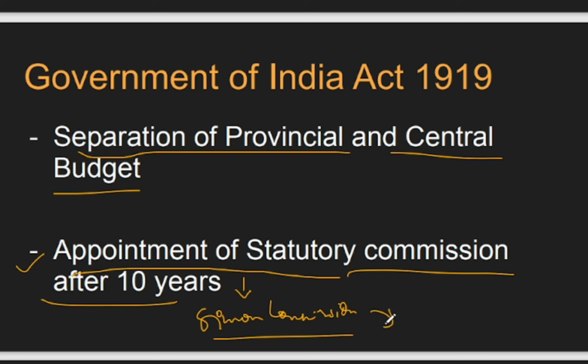After 10 years, though Simon Commission came 2 years before, in 1927. The main thing to remember is that Simon Commission came in accordance with the provision of this Government of India Act 1919. We will discuss Simon Commission in our next video, but for now, it is important to know that it came in accordance with the provisions of the Government of India Act of 1919.